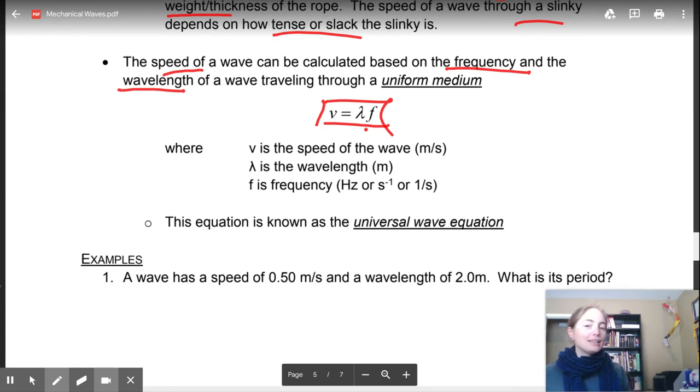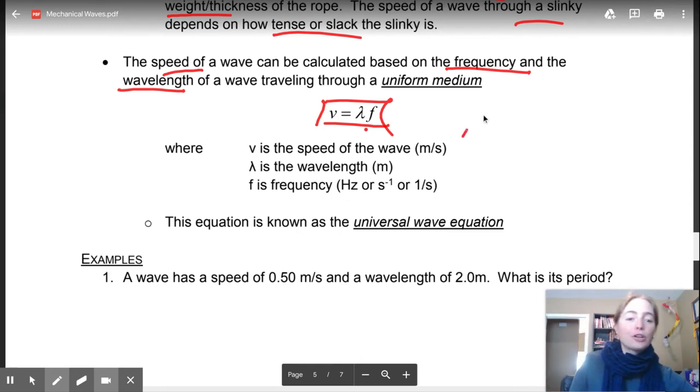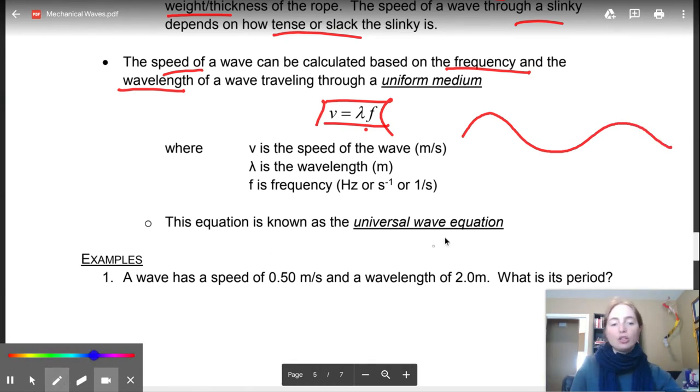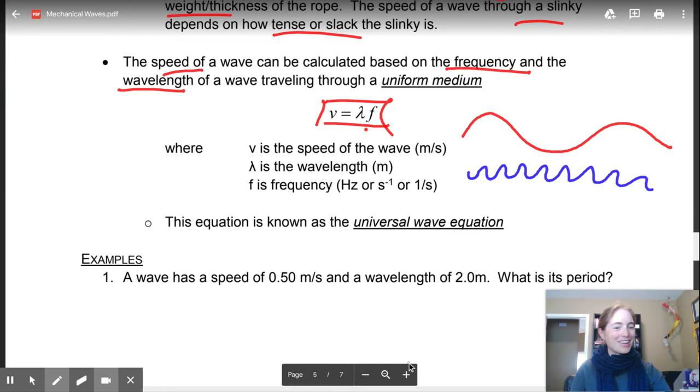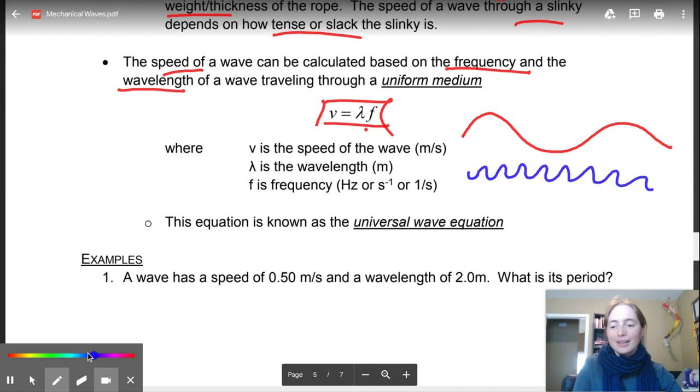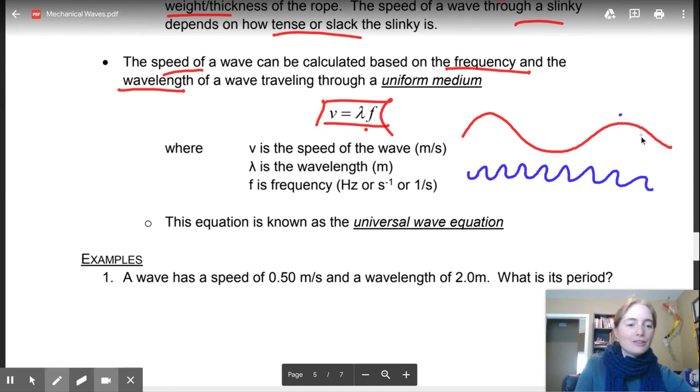That's the frequency, and lambda is the wavelength itself, so how long or how short the wavelength is. For example, this red wave here has a much larger wavelength than this guy here. Sounds good? Okay. And a frequency would be if you started here at the beginning and you waited just 1 second to see how much of the wave would go past at that point.